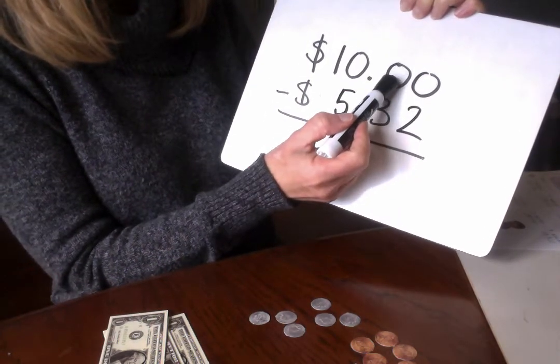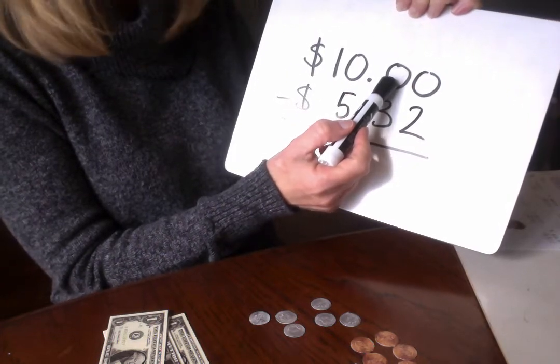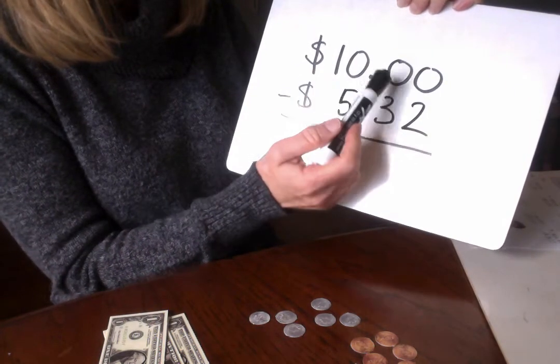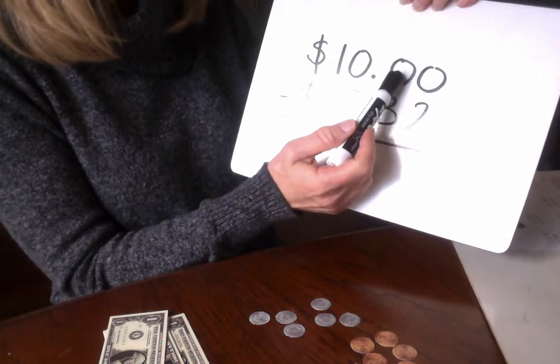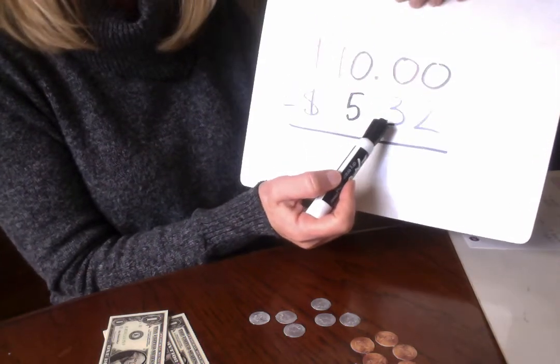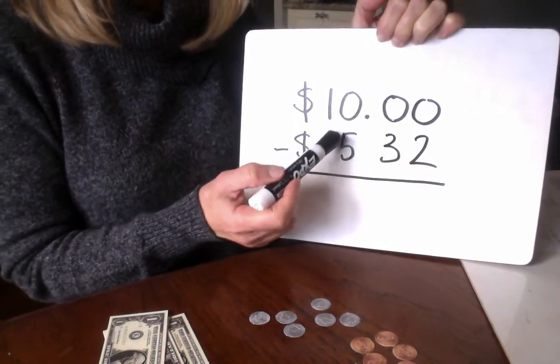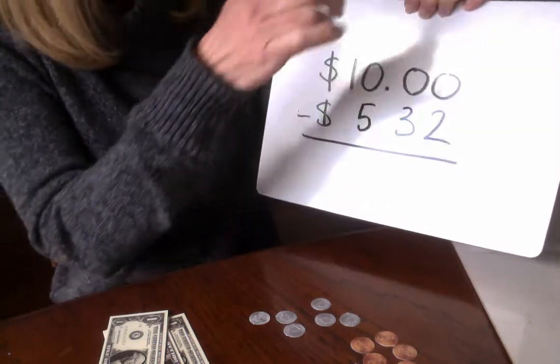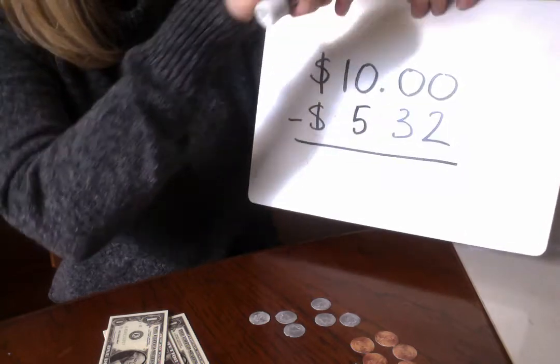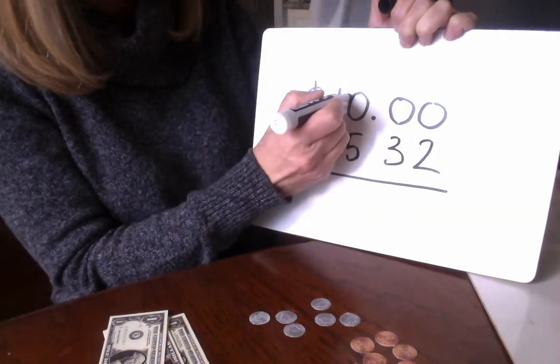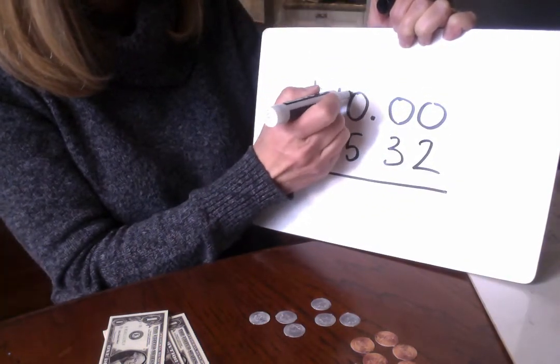So then we go to our dimes. Remember that subtraction pattern is always the same. We start here and work our way over. So we had our 0 dimes. We couldn't take 3 dimes away from that. So then we go to our $10 bill and we're going to rename that. Okay, we had 0 $1, right? But I did have one $10 bill.